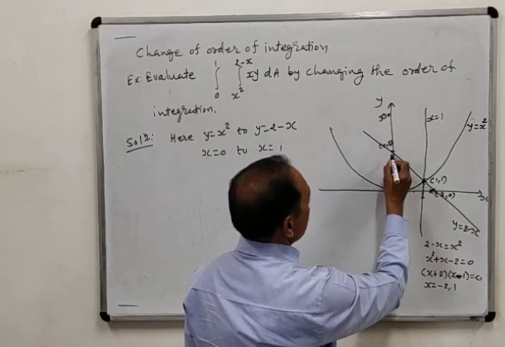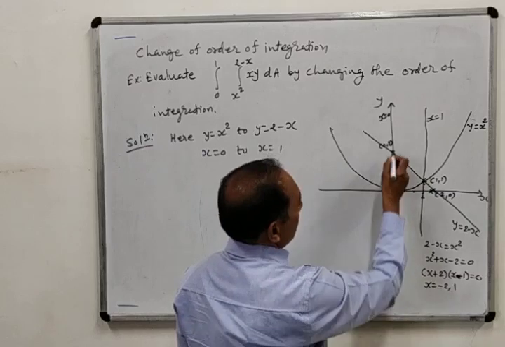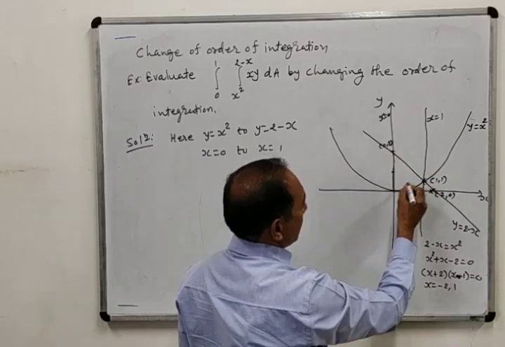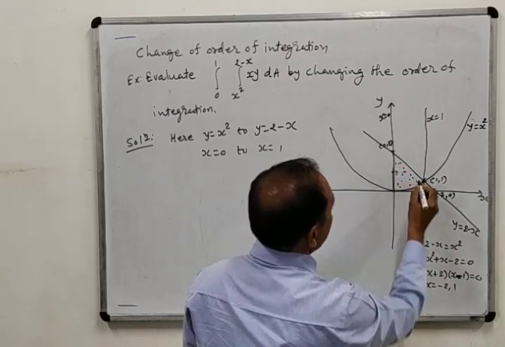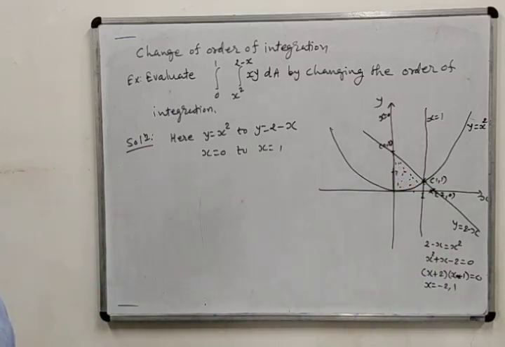So the proper region is what? This line is given as a boundary, this is given, and this is given. So this is the region which we are given as the bounded region. Now you observe this region and try to understand yourself.